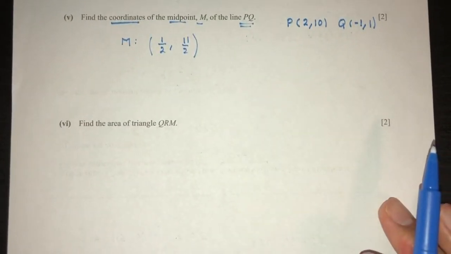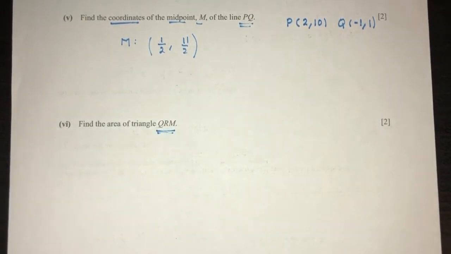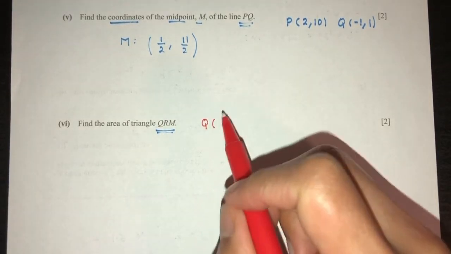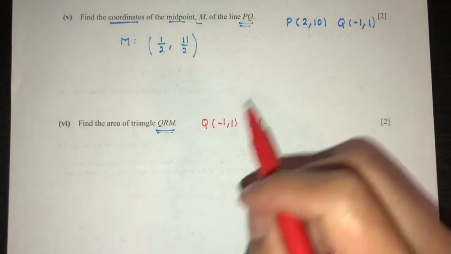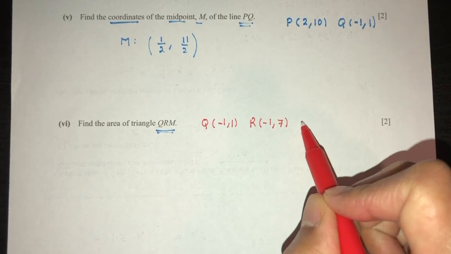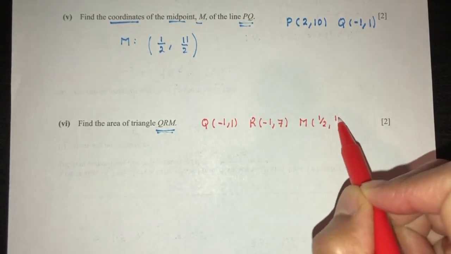Now for part 6, you have to find the area of triangle QRM. Pretty easy. Again, we have to use the formula. We know Q is (minus 1, 1), R is given by (minus 1, 7), and M is the midpoint, which is (half, 11 over 2).